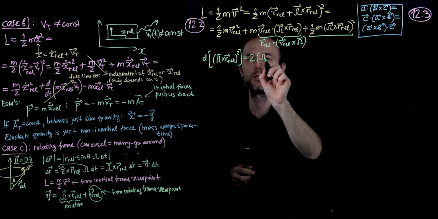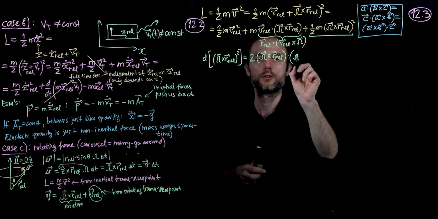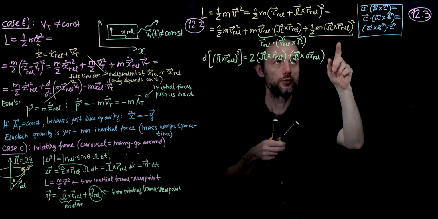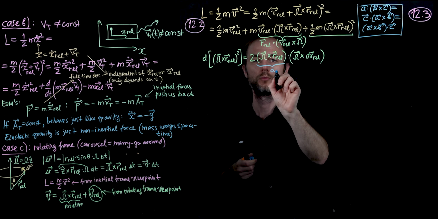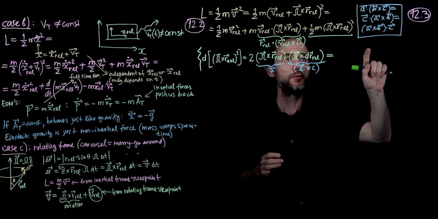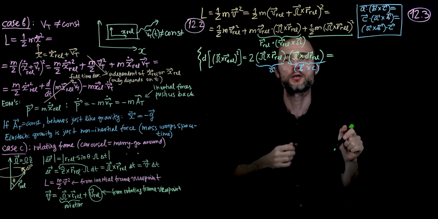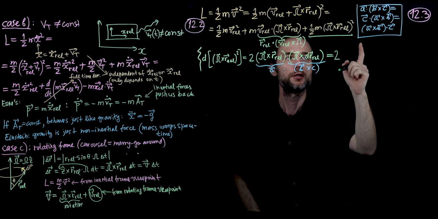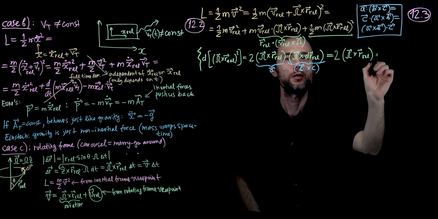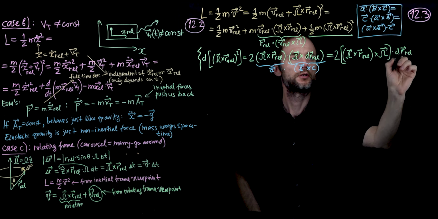Let's use the chain rule here. This will give us 2 times omega cross r_rel dot the differential of this, omega cross dr_rel, and let's now use the last relationship, where this will be A and this will be B cross C. So we group A and B together and dot it into C. This will give us 2 times (omega cross r_rel) cross omega, and all of that is going to be dotted into dr_rel.